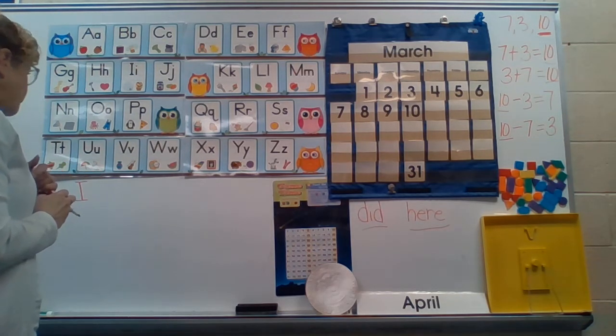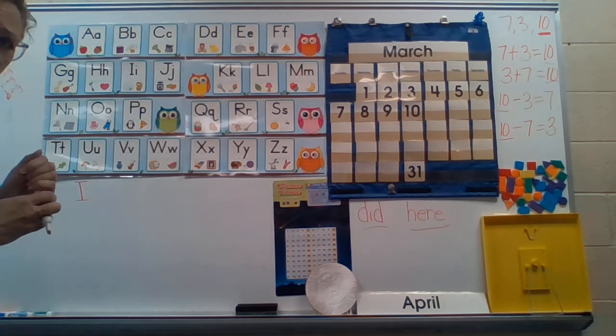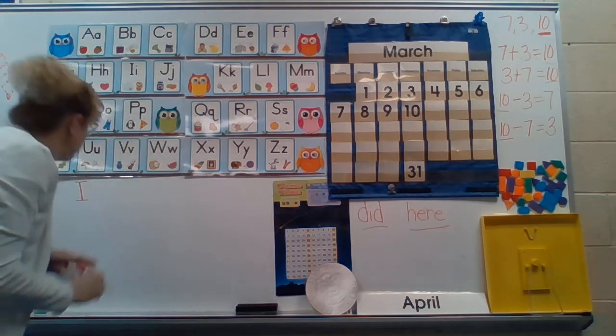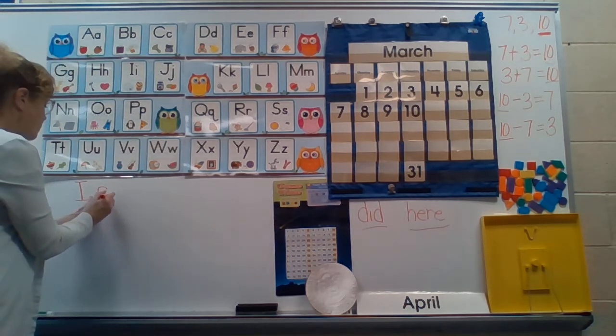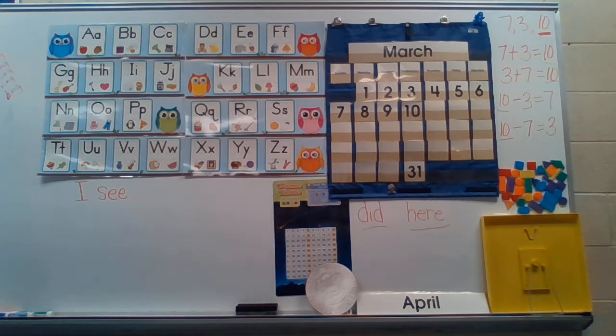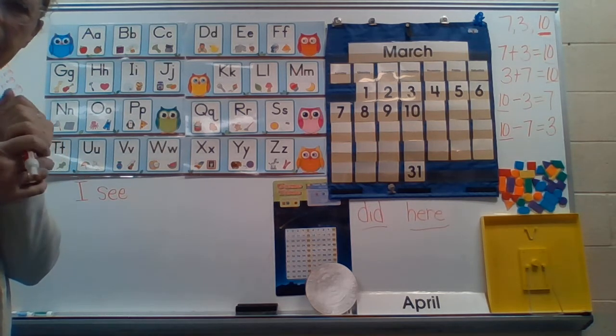I. Do you remember how to spell see? We had that sight word quite some time ago. S-E-E. Leave a nice space. I see cookies. What does cookie start with, do you think?